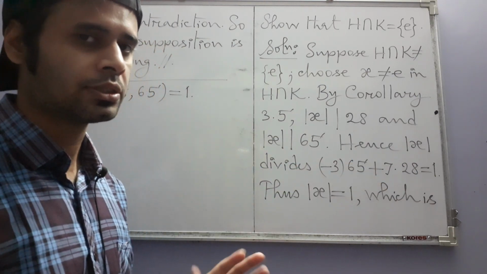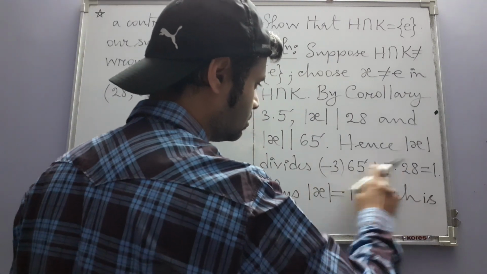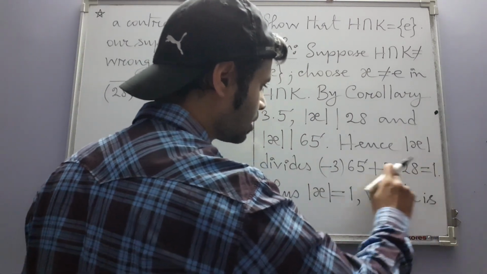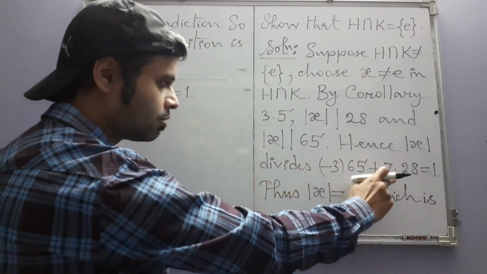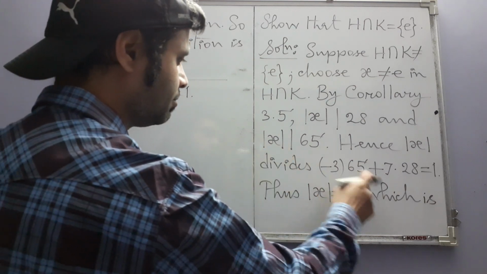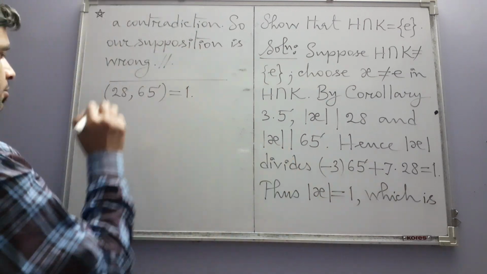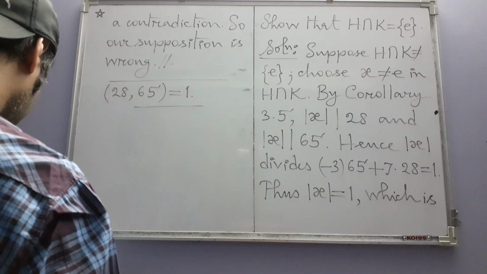If you know that process, you know it. So that's how one can express one as a linear combination of 65 and 28 with integer coefficients. Okay. So anyway, let's now move on.